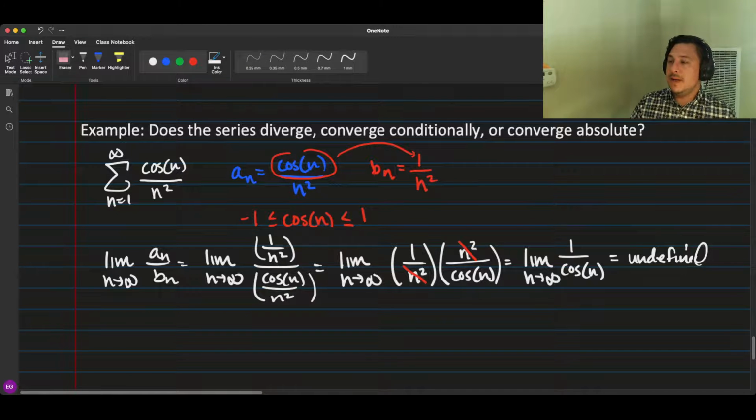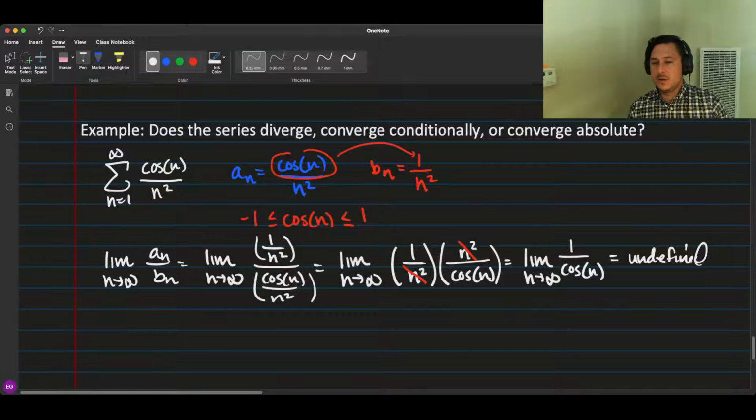But I think that won't make any difference, because you're just going to end up with cosine n and that's still going to be undefined. Okay, so that didn't really work. We'll leave that there for a second. I have another idea that I'm going to quickly run through.